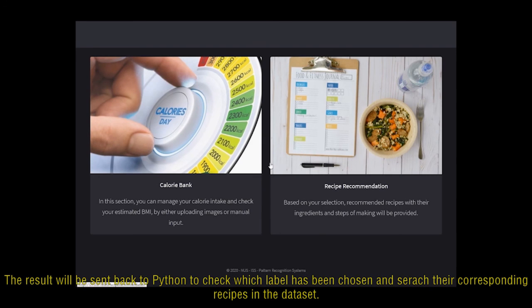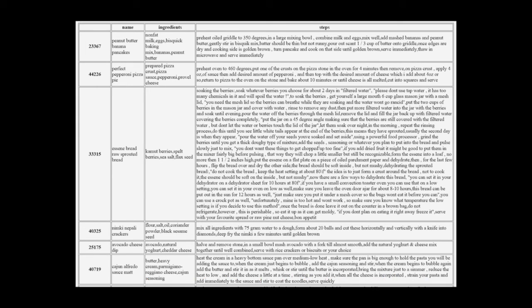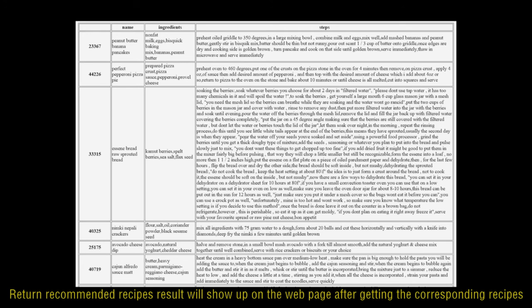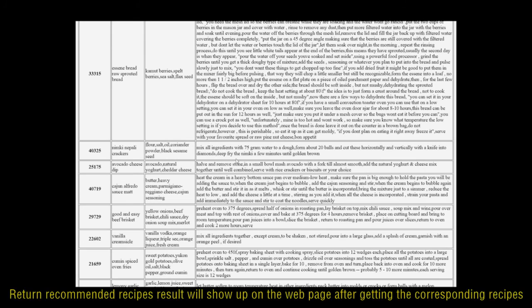The result will be sent back to Python to check which label has been chosen and search the corresponding recipes in the dataset. Ten recommended recipes will show up on the web page after getting the corresponding recipes from the recipe dataset.